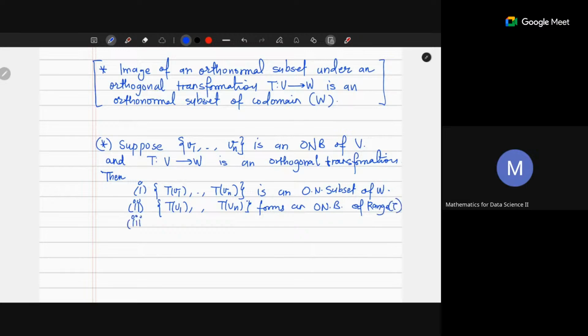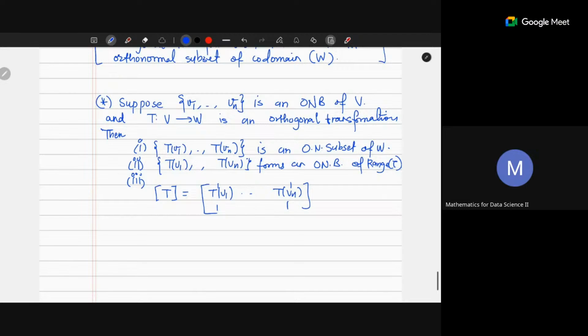All right. These are all very direct consequences, right? And the matrix corresponding to T, where the columns are going to be T of V1 up to T of Vn, has orthogonal or orthonormal columns.